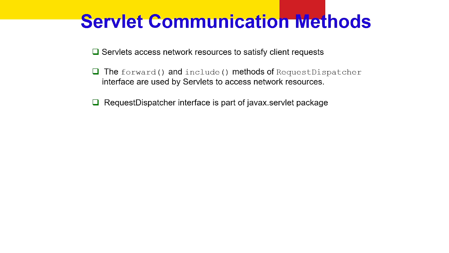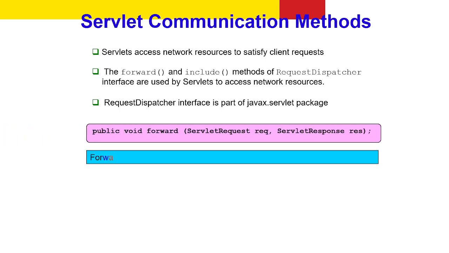This RD is a part of the javax.servlet package. It belongs to javax.servlet. It's already imported, is it not? While you create a servlet, it's already imported. Yes, you can just look here. We are using the forward method. It forwards the request from one servlet to another on the same server.